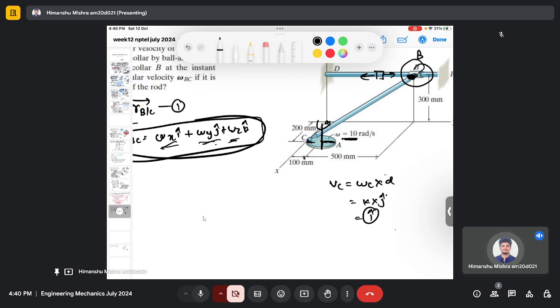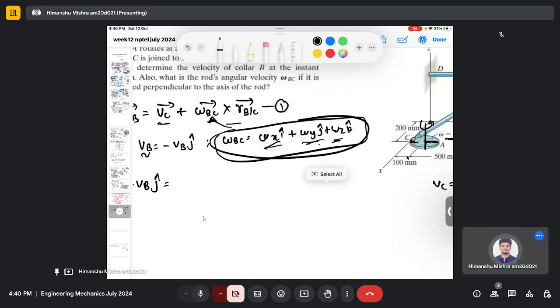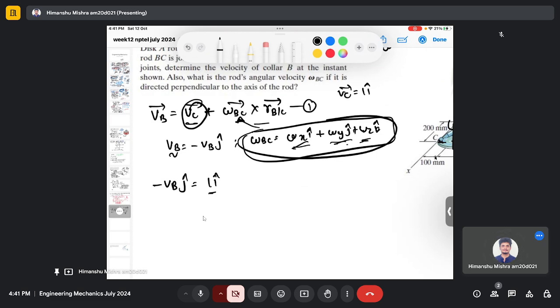And the magnitude is 10 into 0.1 meter, so it is 1. So my VC vector is 1 i, which is VC, plus this vector omega BC cross R_BC.